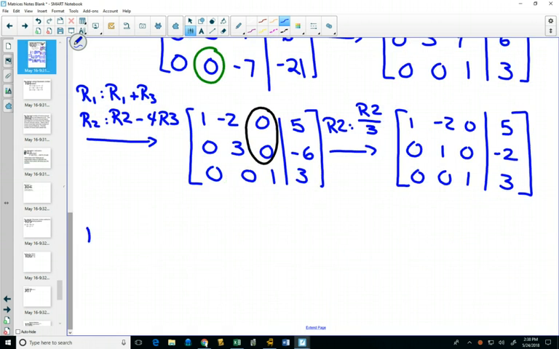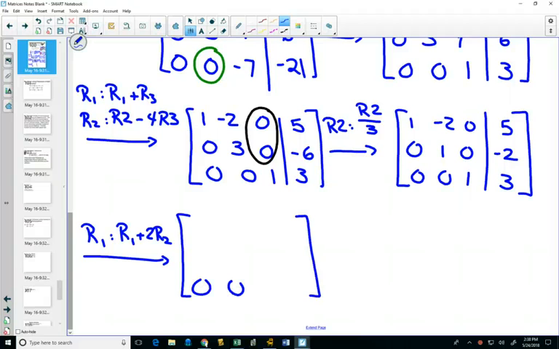And now we can do our final step here. Take row 1 and add 2 row 2's. Row 1 and 2, row 2 and 3 won't change. 2 row 2's, that will keep this a 1, make this a 0.